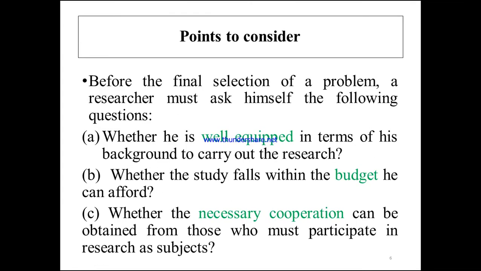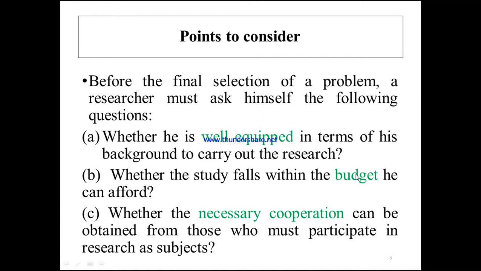What are the points you have to consider in selecting a problem specifically? So one thing you have to check is whether you are well equipped in terms of your background. You need the knowledge to undertake the study. So whether you have the knowledge or not, you have to check. And the second thing is whether you have the budget to undertake such a study.